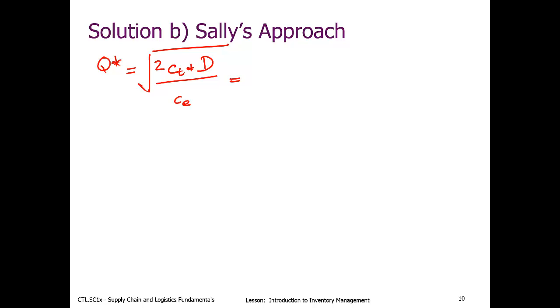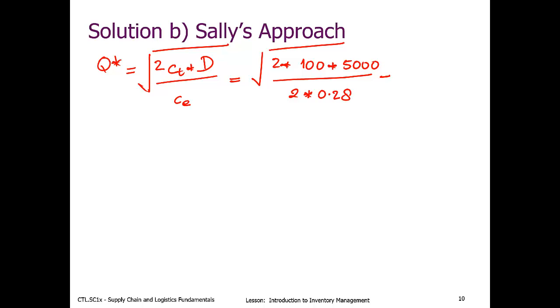Yes, we do. And how do we move? 2 times CT is 100. Our annual demand is 5,000, divided by CE, which we can calculate from C times H, which was $2 per unit, times H, which was given to us as 0.28.